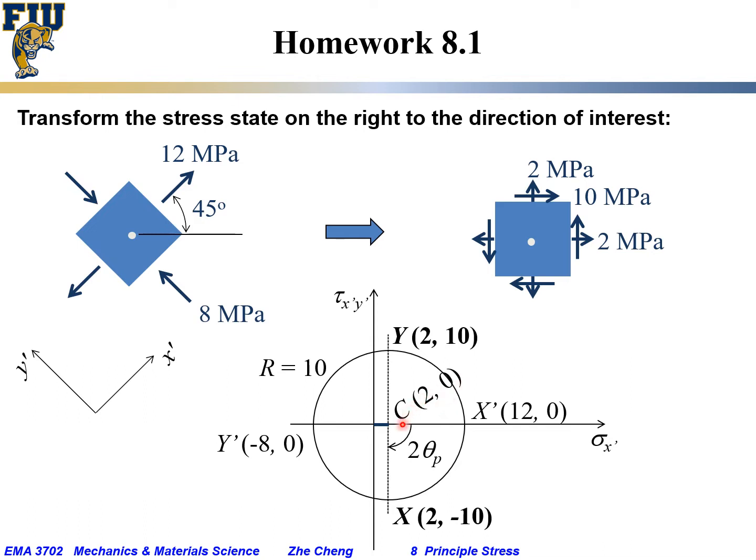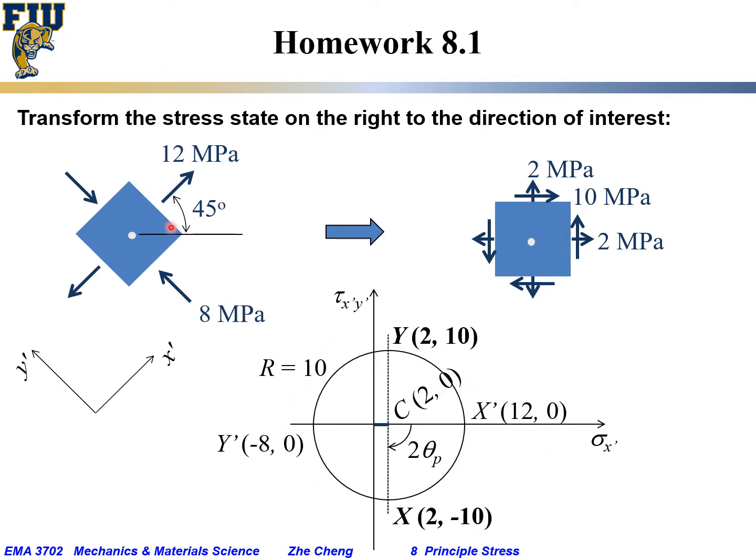So the center C is at 2, 0, and the radius from x prime to C is 10.